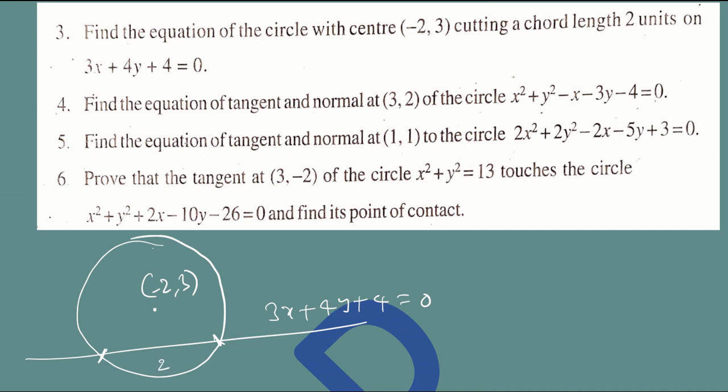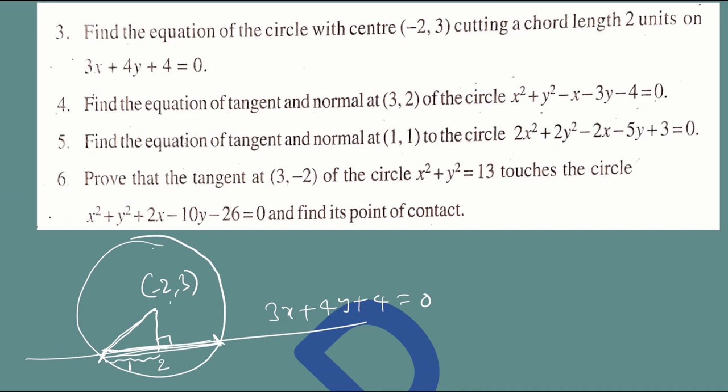Now to find equation to the circle, all that I need is radius. Observe that I can find distance from center to the line. Because this full length is 2 units, half of it is nothing but 1 unit only. We know that story.